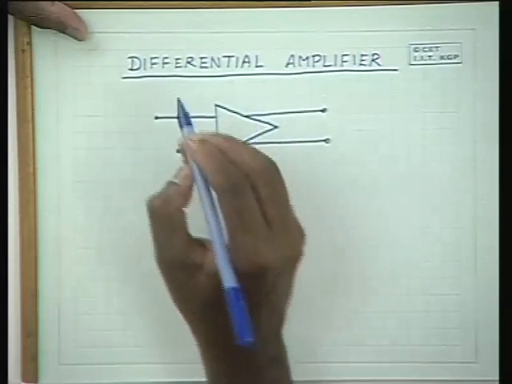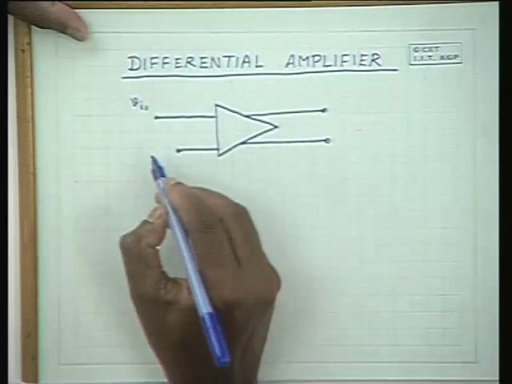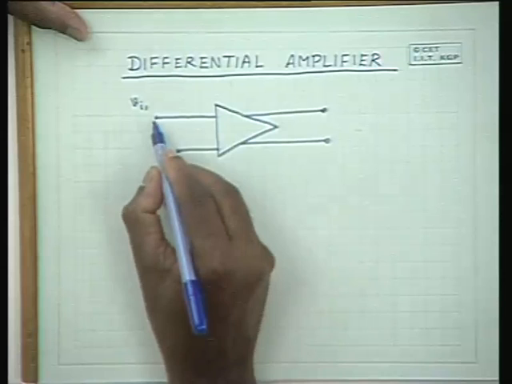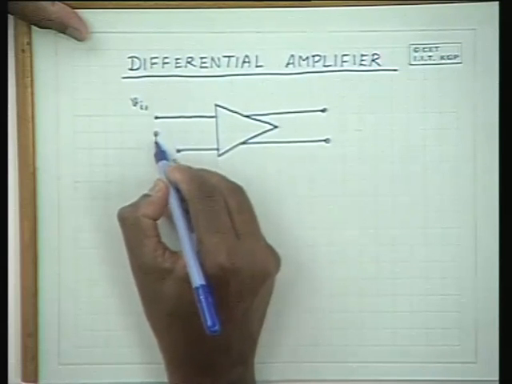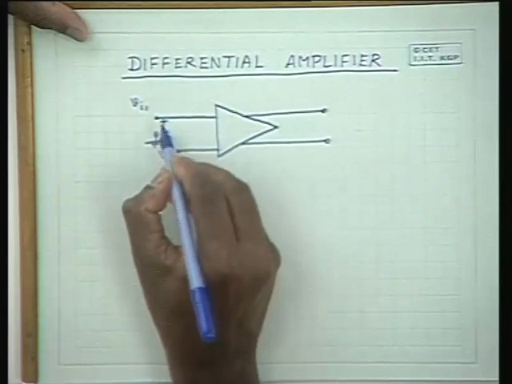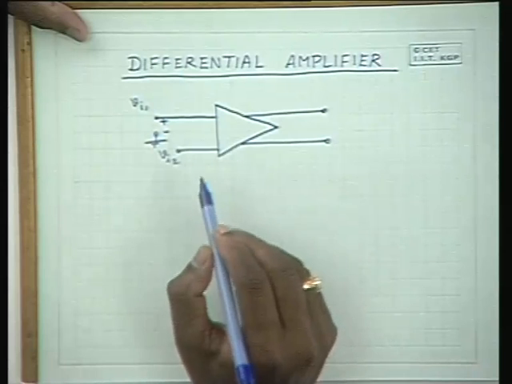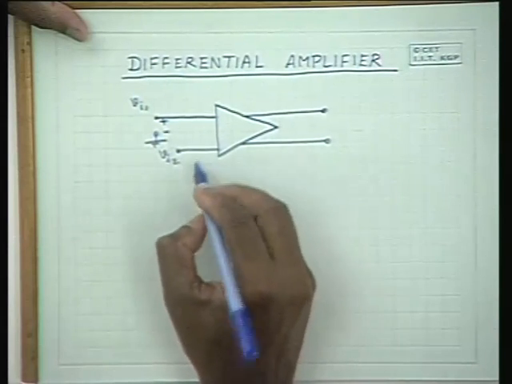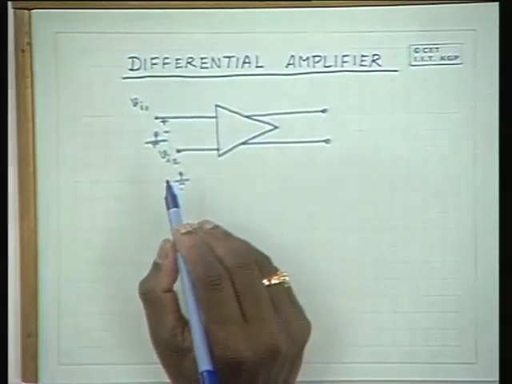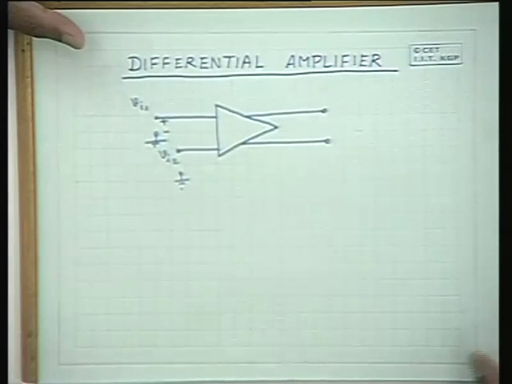So the differential inputs, if you call this signal Vi1 and this one Vi2, then Vi1 is applied to input 1 with respect to the ground, and Vi2 is applied to the other input with respect to the ground. Then you have two different signals that can be applied to a differential amplifier.